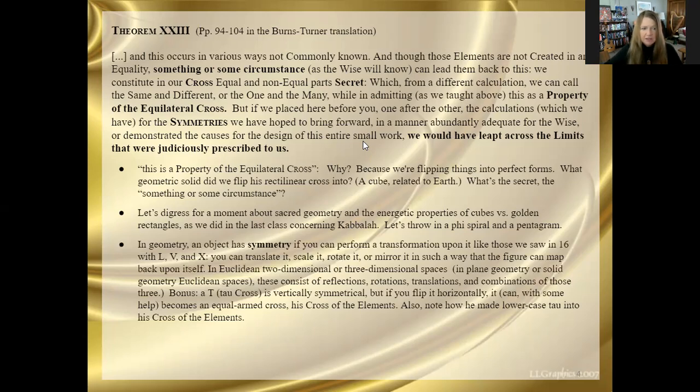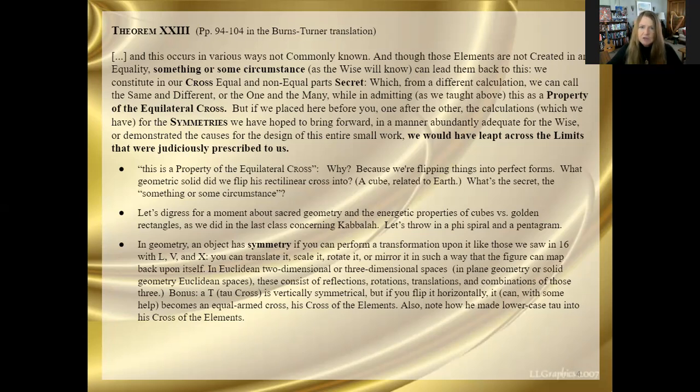Now, he talks here also about symmetries. He's talked about that before. In geometry, an object has symmetry if you can perform a transformation on it. Remember back to that LVX theorem, Theorem 16, where he's taking L's, V's, X's and rotating them around.